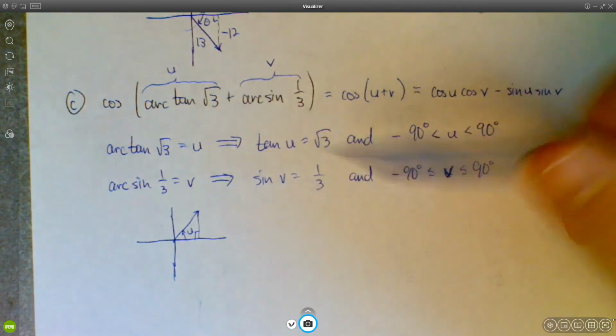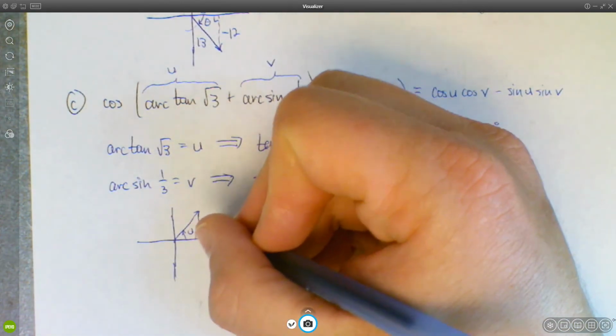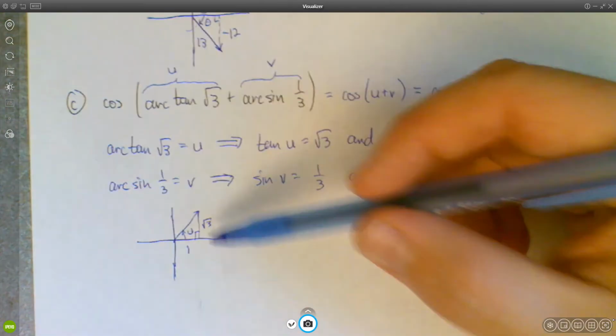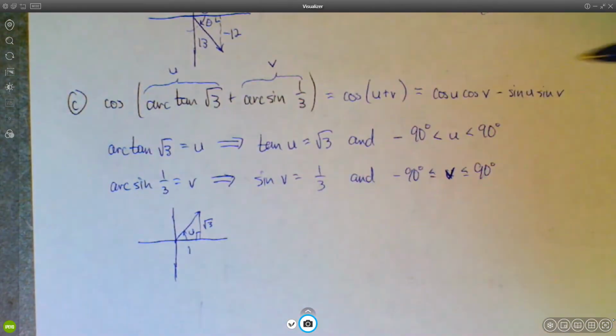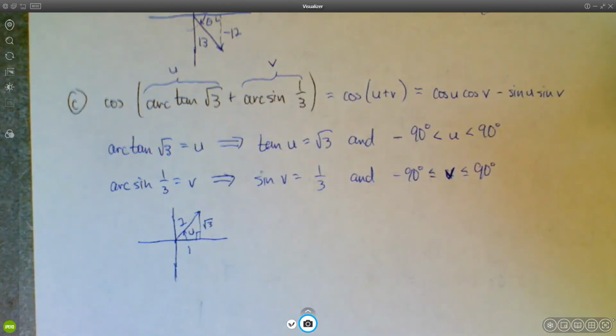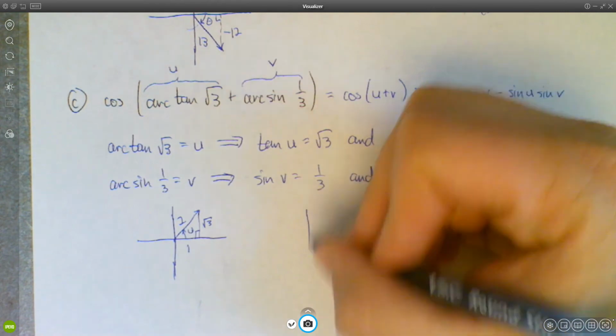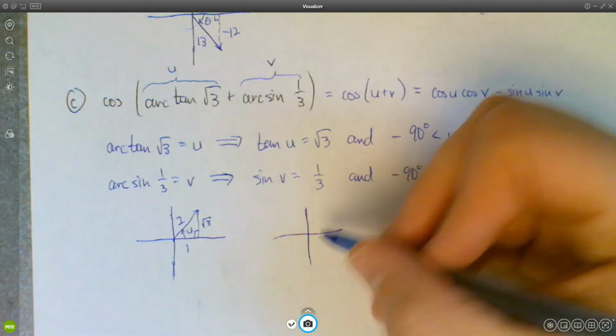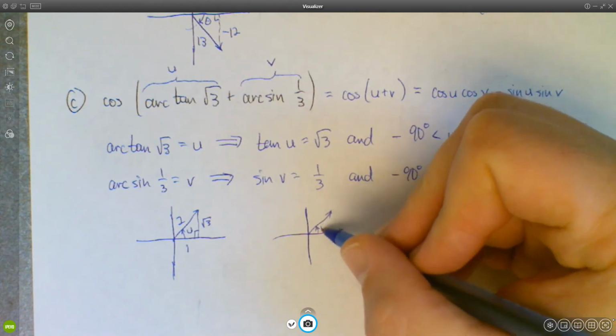And tangent would be opposite over adjacent. Then we can solve for the hypotenuse. So 3 squared is 3, 1 squared is 1. That's 4, and the square root of 4 is 2. So this should be 2 over here. And v: sine of v is positive, so again, we must be in quadrant 1. There's v.